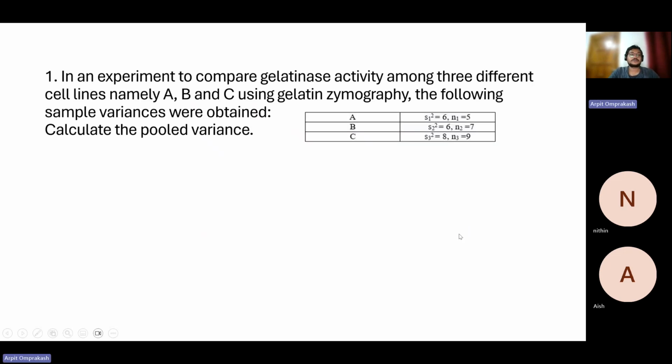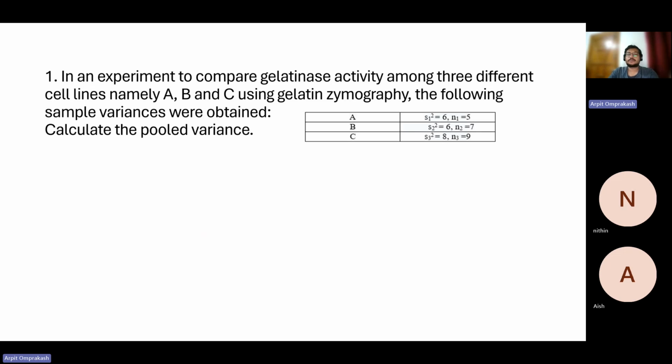The first question is, in an experiment to compare gelatinous activity among three different cell lines, namely A, B, and C, using gelatin zymography, the following sample variances were obtained. So we are talking about an experiment where we are trying to find the activity of a given enzyme.